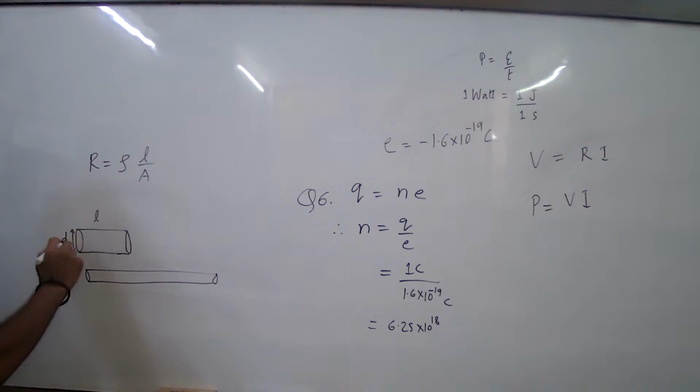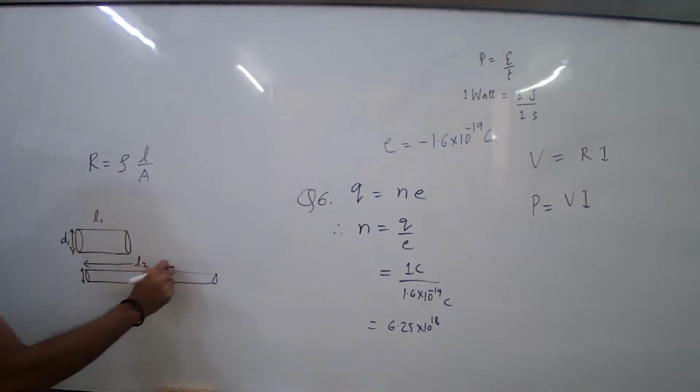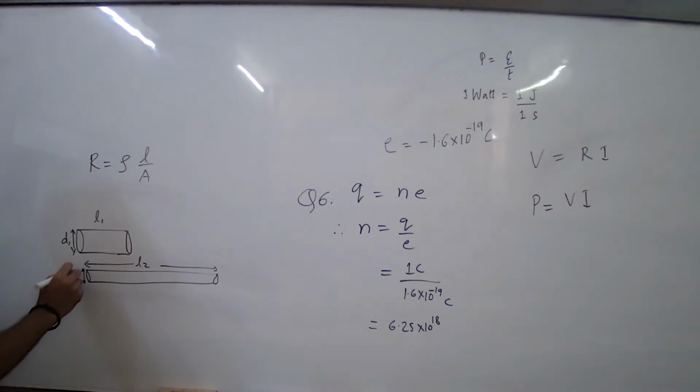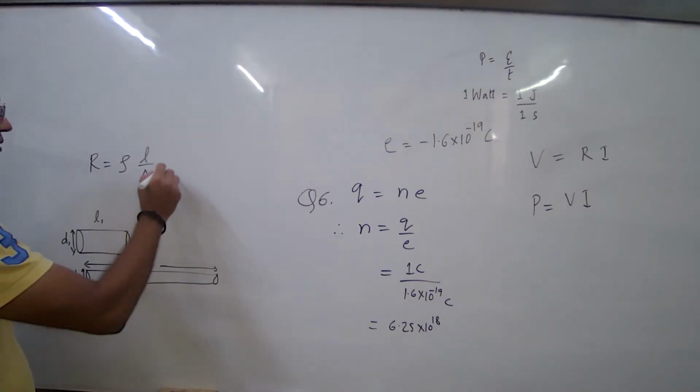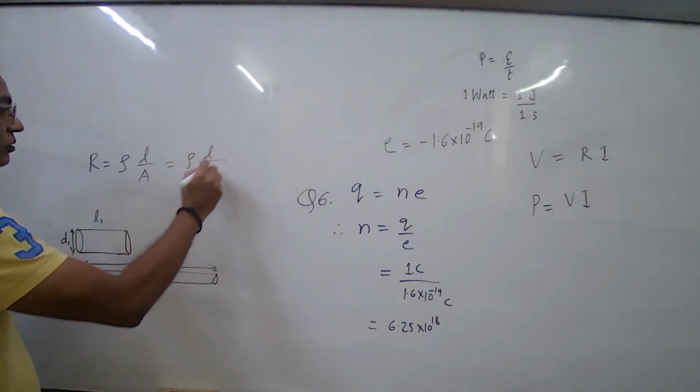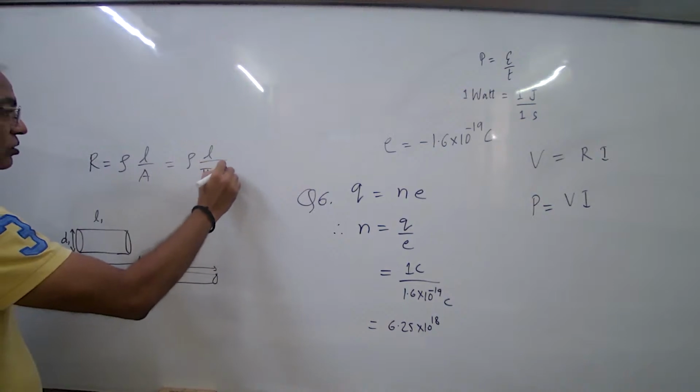So initially let us say the length was L. Now the new diameter, let's call this D1, L1. Now the new length will become L2 and the new diameter will be D2. So what's the relation between area and resistance? Area is pi r square.